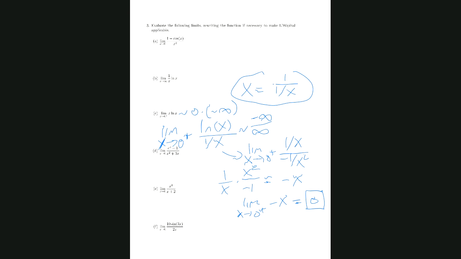Okay, so for part D, if you plug in 0, you'll get e to the 0 minus 1 divided by 0 plus 0, and this ends up looking like 0 over 0.